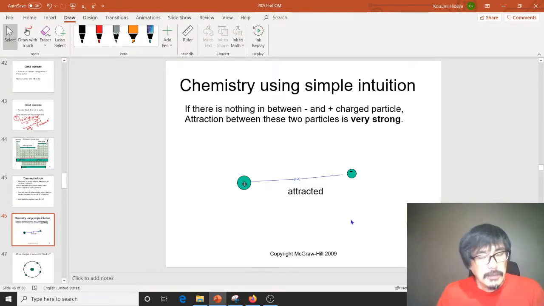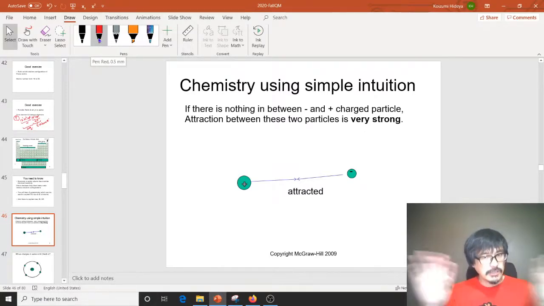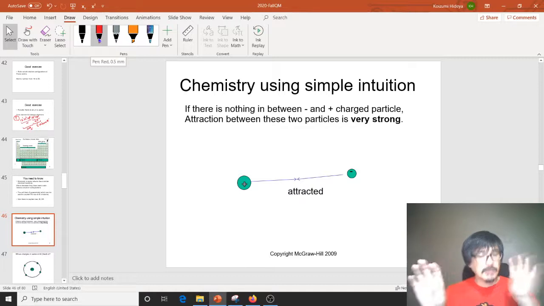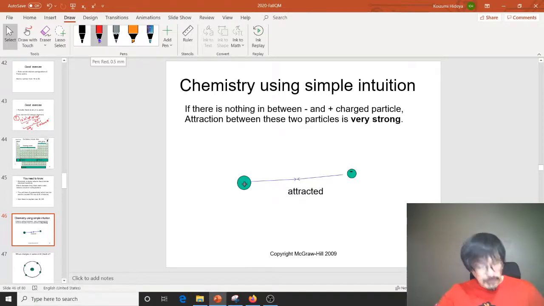Now, I don't know where you learned these things, maybe in middle school or high school, that two charges have interactions. If it's positive and negative, they attract, and negative and negative repel each other, or positive and positive repel each other, right?